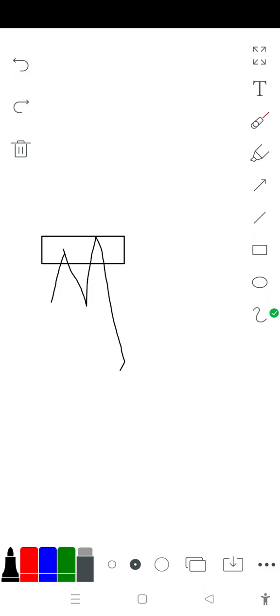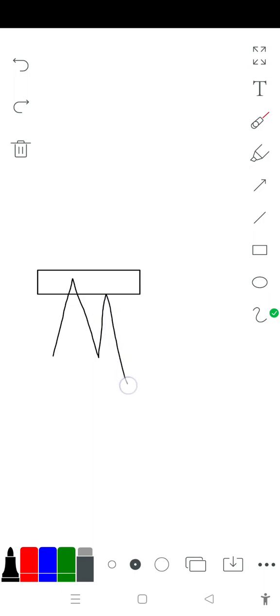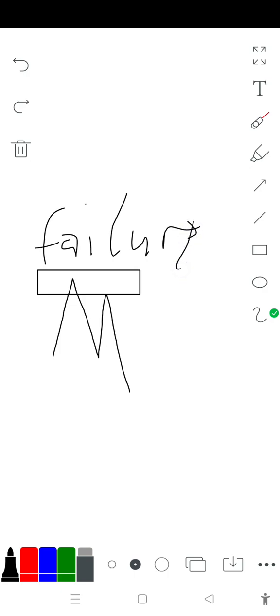Then another reaction we have in a key level is the fail swing. A fail swing where price will come here and do something like this. This is the third type of reaction we have in a key level. We call this one failure swing.